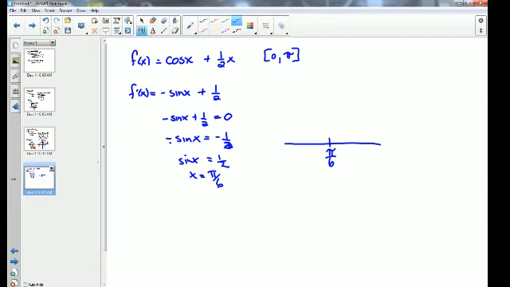Even worse. Okay, sign analysis, right? So I'm going to choose 0 and pi over 2. Pi over 2 is easier, but pi over 4 would work. No, because it's 0 or 1. What's that little symbol inside?